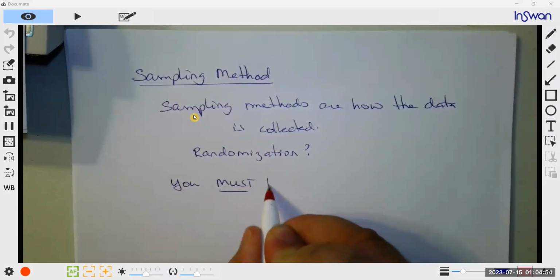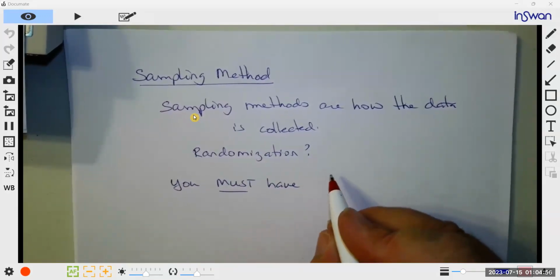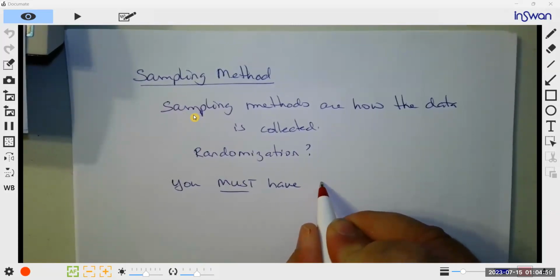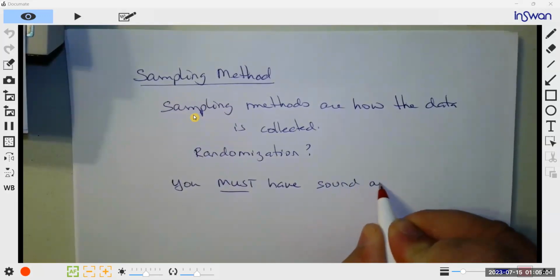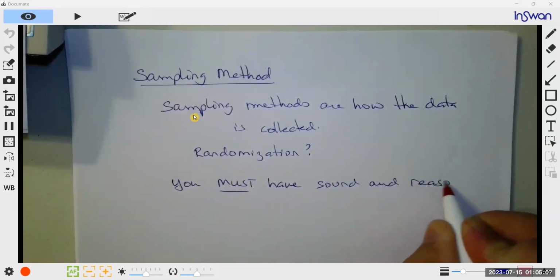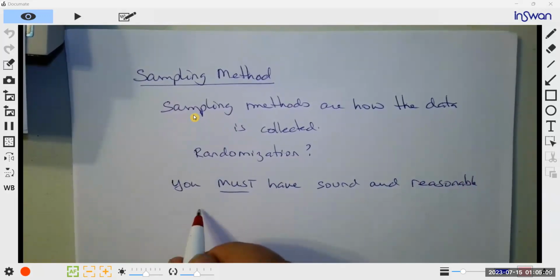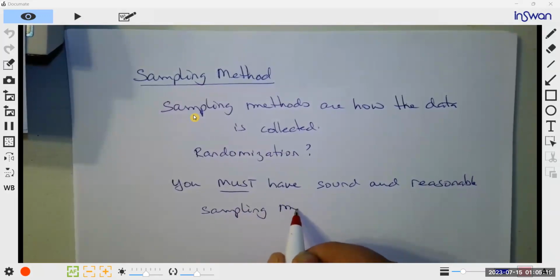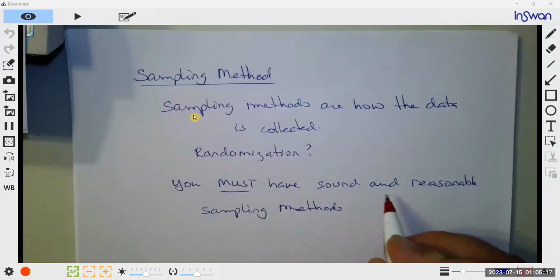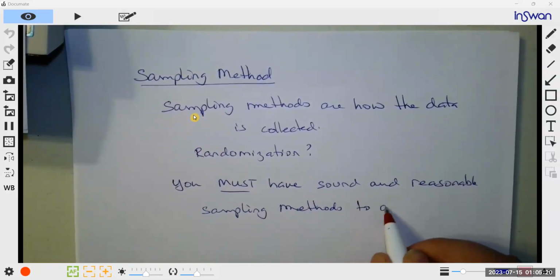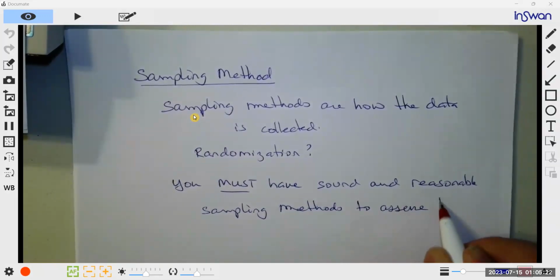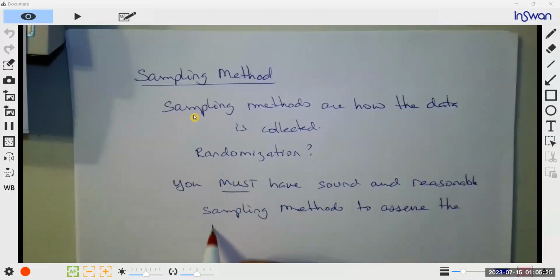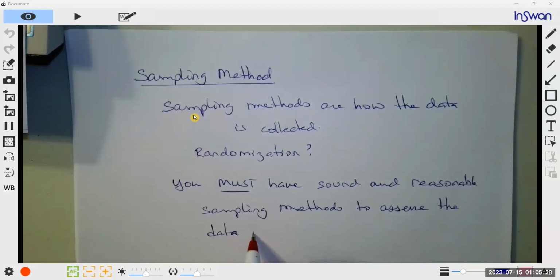You must have sound and reasonable sampling methods to assure the data is valid.